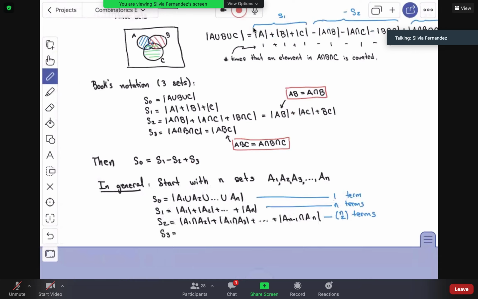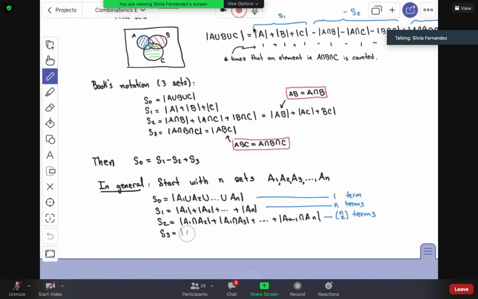S3 is the triple intersections. This time we have more than just one. All of them.